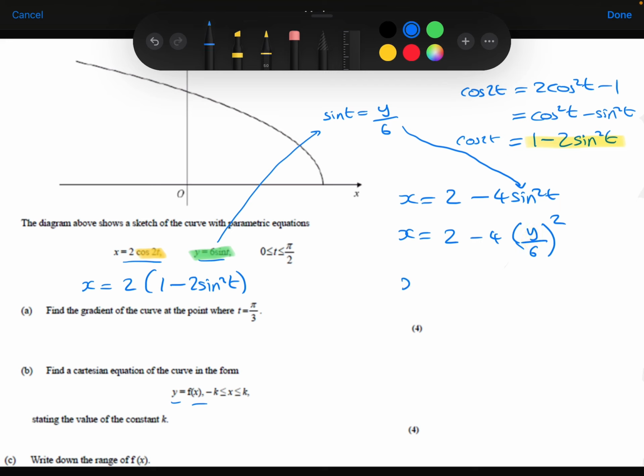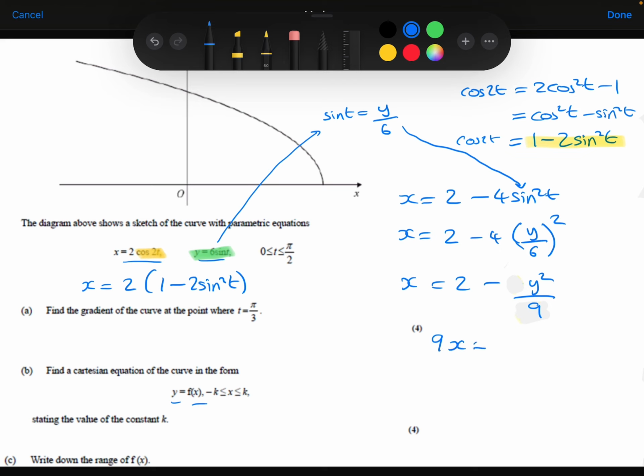Right, let's tidy this up. So I'll have 4y squared over 36. The 4 over 36 will simplify to be 1/9. I'm going to multiply through by 9 here to simplify this further.